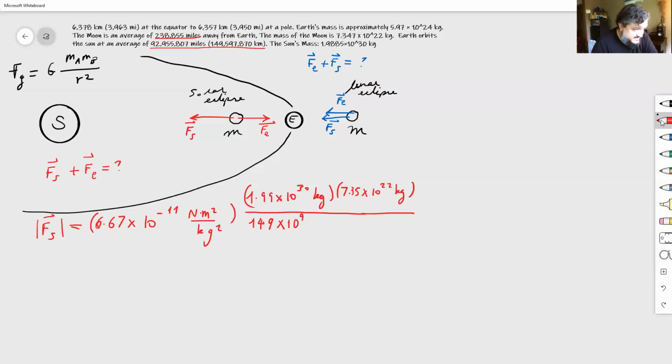Convert to meters, that's billion. And subtract from this the distance between the Earth and the moon. Let's call it capital R.